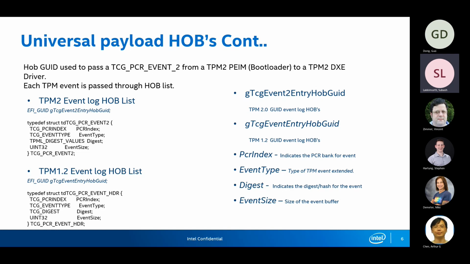So if we publish this hub, automatically the same hubs are getting created in the PEI phase also. So in the EDK2 implementation, if the bootloader also creates it, automatically existing EDK2 drivers can consume it as it is.